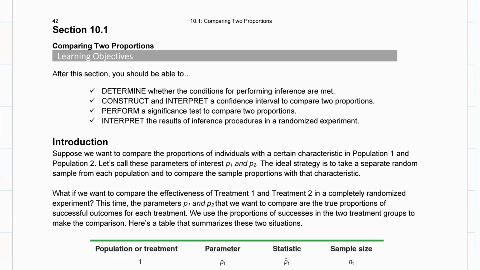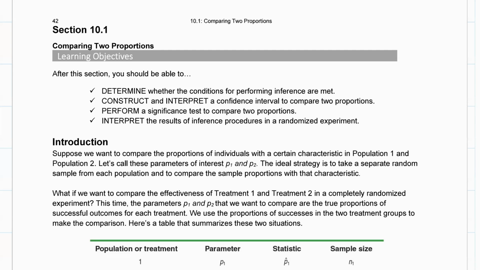So where we start is, imagine we have two distinct populations. Let's call them population one and population two. And we have some parameter of interest we'll call P1 and P2. Now, we know that we can't easily do a census for these two different populations.